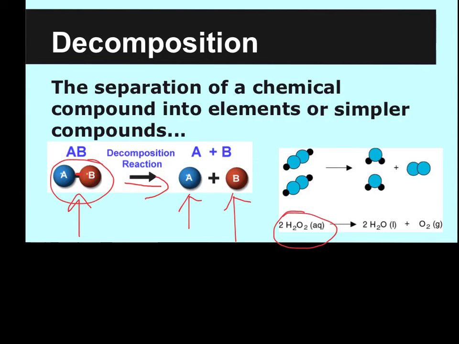Okay, so hydrogen peroxide will very easily decompose into water and oxygen gas. So when the bubbles are forming, that's what's happening. It's breaking down into water and oxygen gas. And you remember one of the indicators that a chemical reaction is taking place is gas formation or bubbling. So this is definitely a chemical reaction.